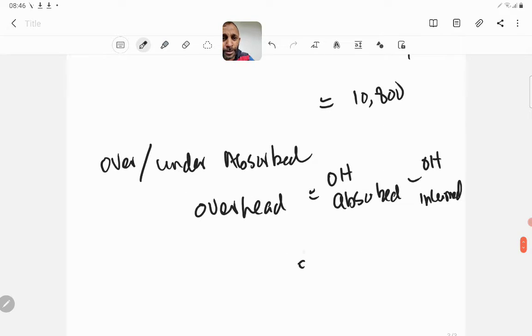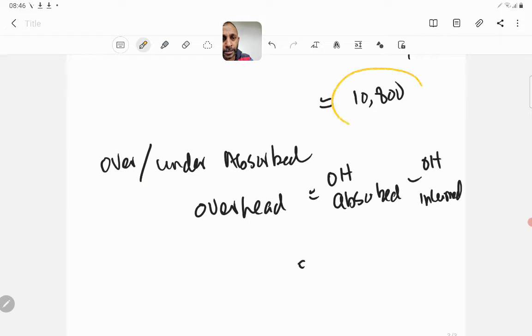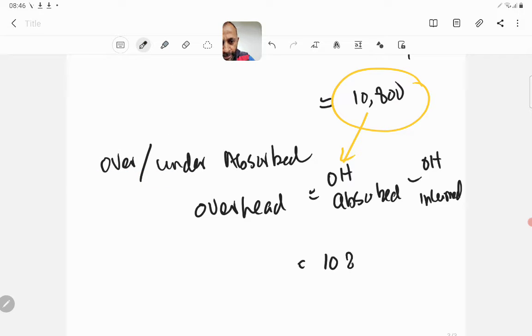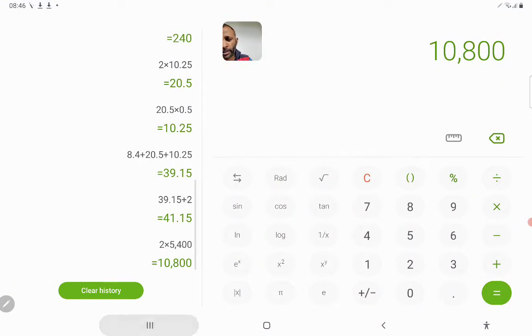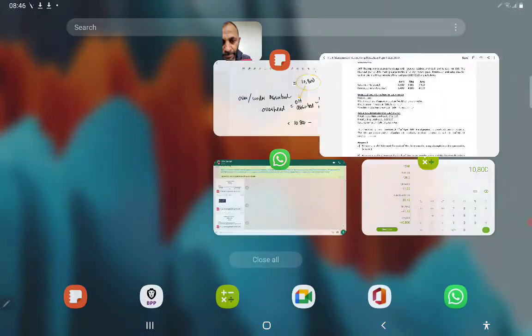Overhead absorbed is this answer, so we can take that down: 10,800 minus overhead incurred, which is the actual overhead for that month. Production overhead actually incurred, fixed production overhead, is 12,000.